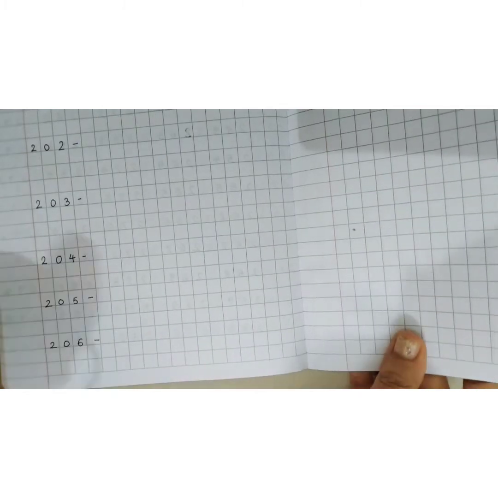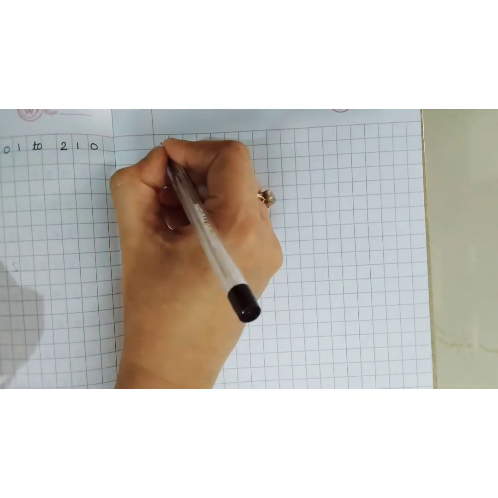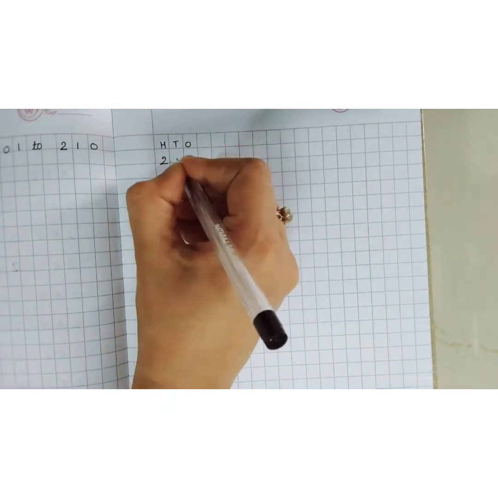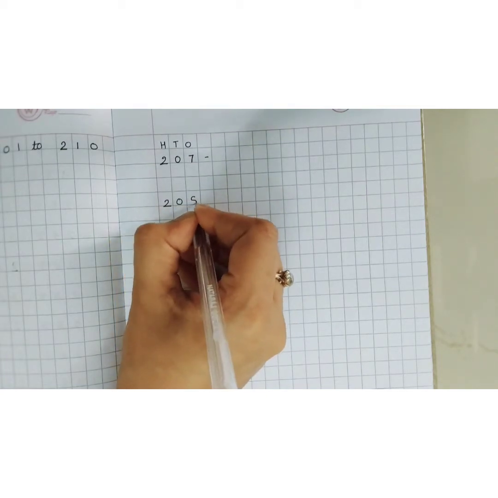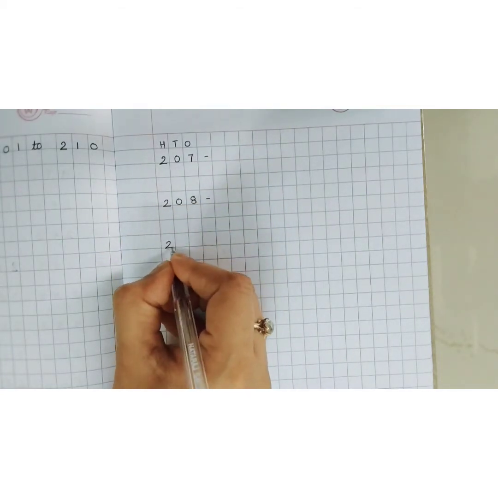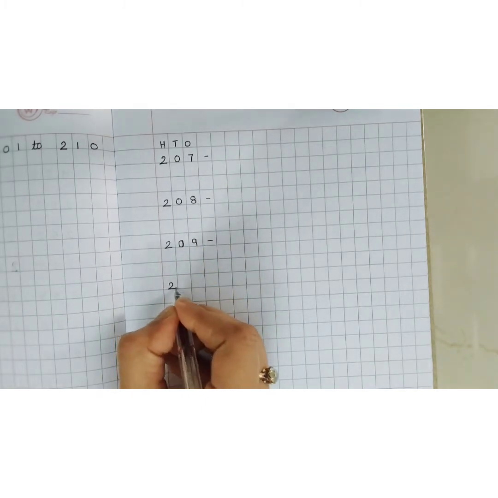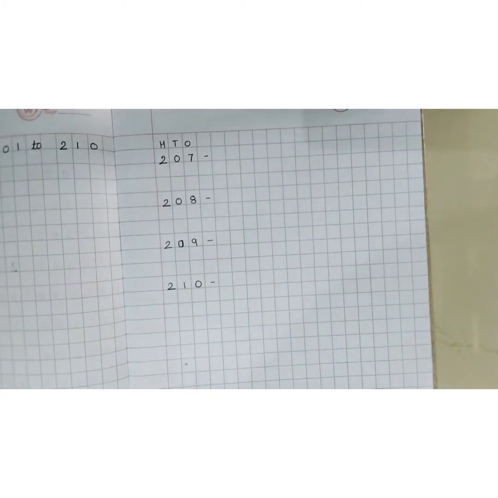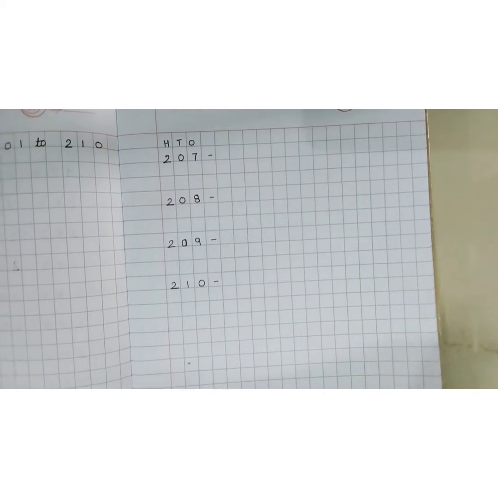Now children, I have left 3 blocks. You can also leave 2 blocks and write the numbers. That would be enough space to write the number names. Now I have finished writing till 210. Now we will start number names.